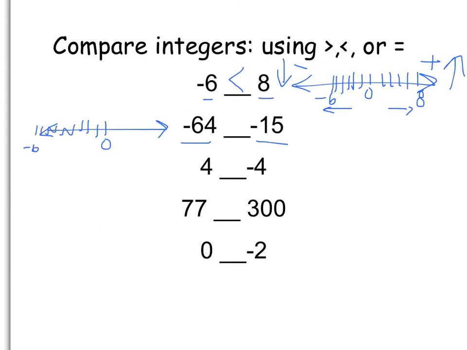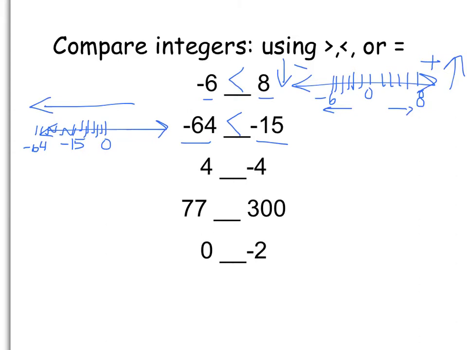You don't have to draw 64 little lines, but you know it's way down to the left. -15 is not going to be as far, right? to the left. So we say the number that's furthest to the left is the smallest, and the number that's furthest to the right is the biggest. So if negative 64 is the smallest, that means negative 15 is the biggest in that group.